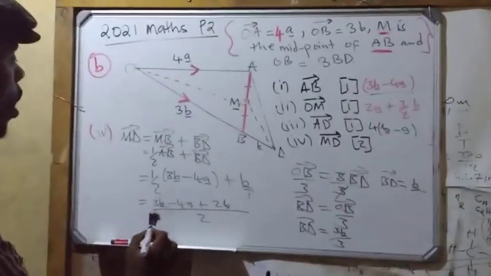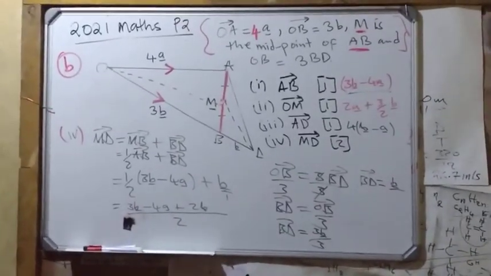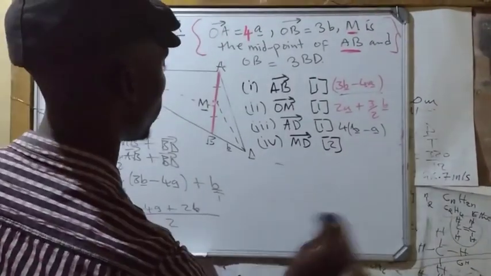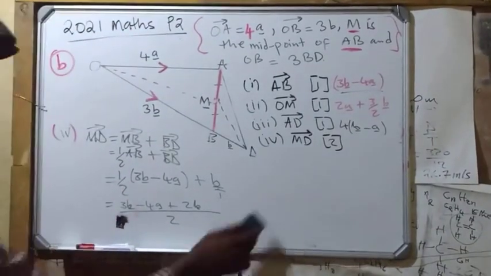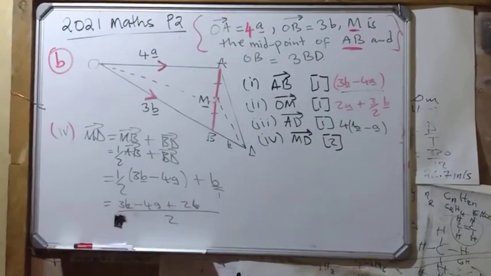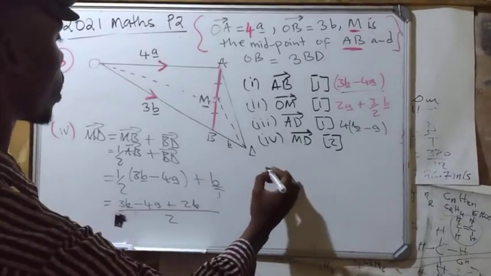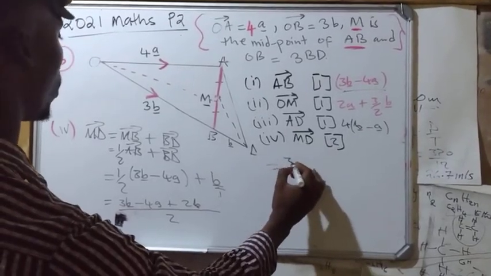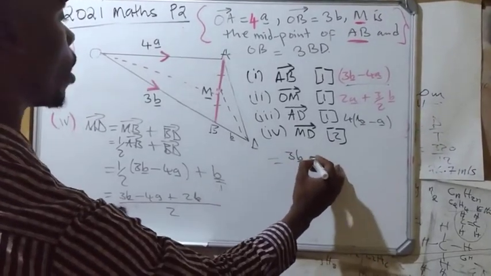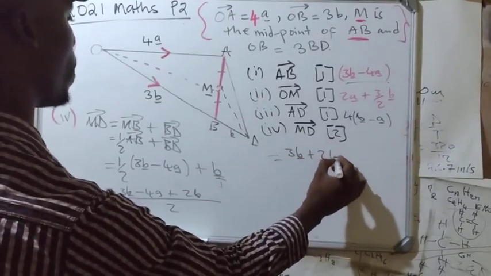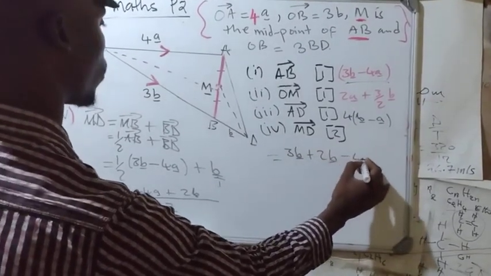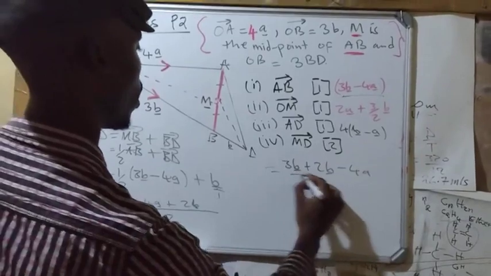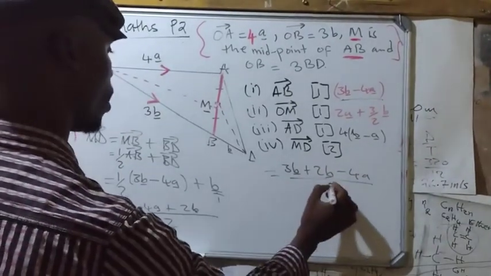Then you can collect the like terms. So collecting the like terms there, it will be 3b, then plus 2b, then minus 4a over 2.